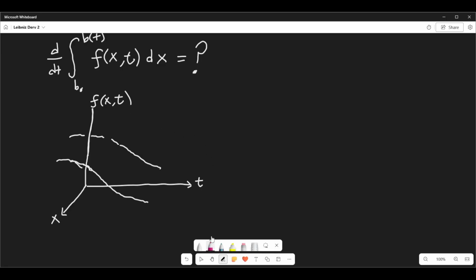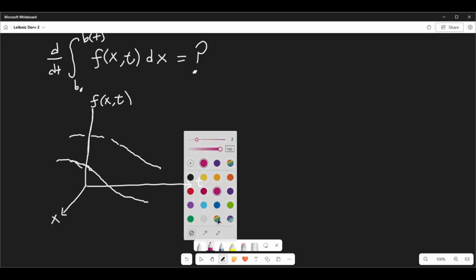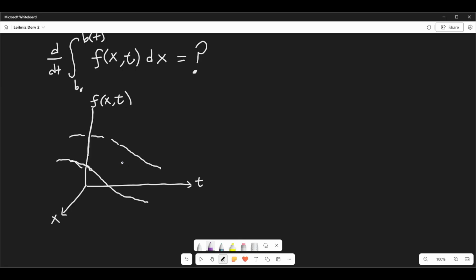And in this surface, there's going to be a very little point, and this point is going to drop down and go to this point, x prime comma t prime. So this integral will only take place over the point.